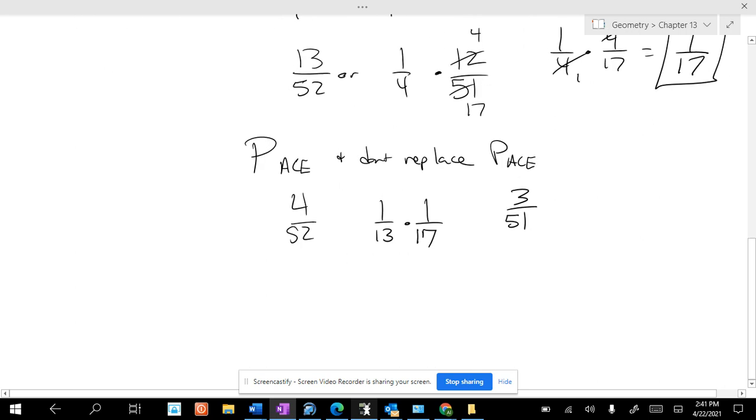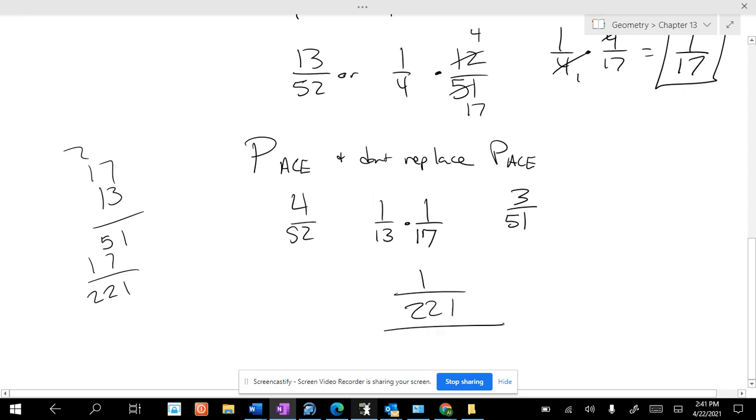So probability of drawing an ace and then drawing another ace is 1 out of whatever 13 times 17 is. One out of 221 chance of getting an ace and an ace. Okay? So that's dependent events.